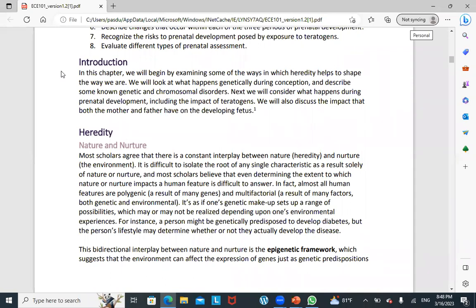It is the constant interplay between heredity and the environment that contributes to the development of a child.